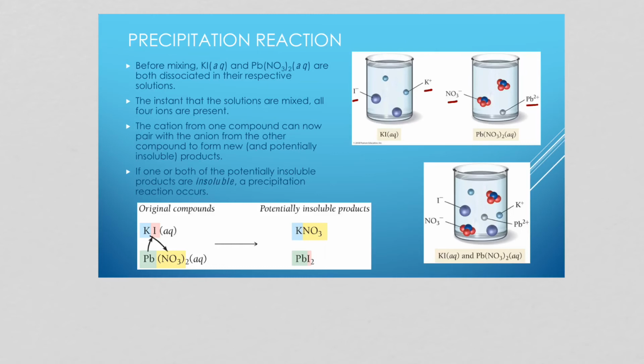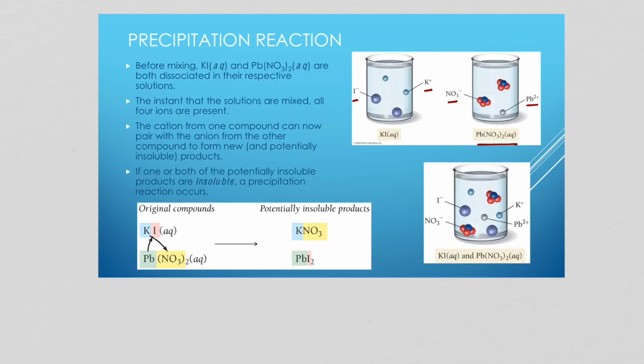So we can know the charges of these ions by looking at the formulas and using what we've learned previously in terms of the common ion charges, what the polyatomic ions are, etc., to predict the charges for what these ions are in solution. So once we know what the ions are, then we can start to think about what's going to happen.